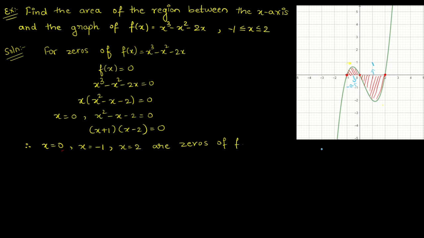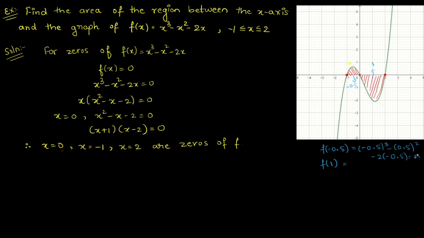We put this value in the given function and check what the value of the function is. If I put minus 0.5 in the function, that is minus 0.5 cubed minus minus 0.5 squared minus 2 times minus 0.5, then I am going to get a positive value.